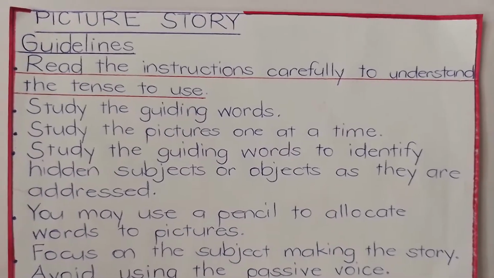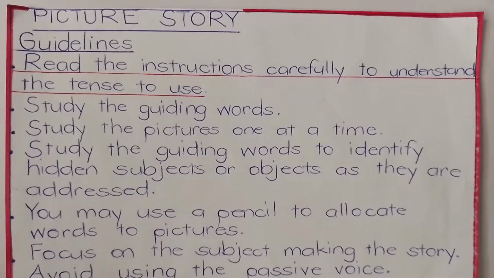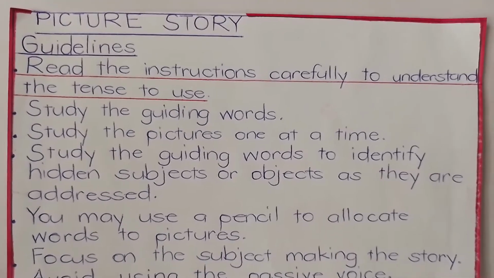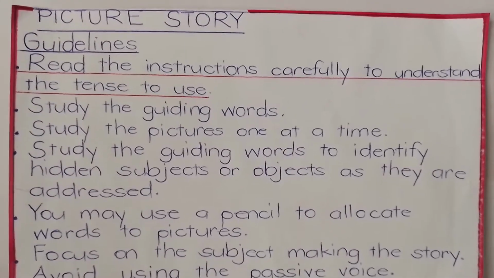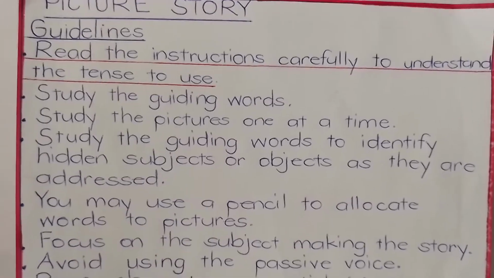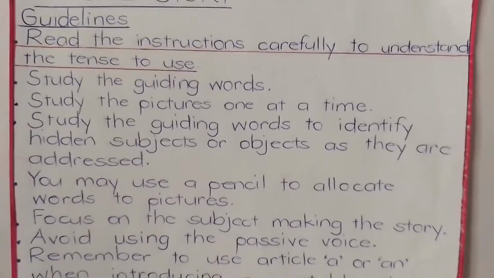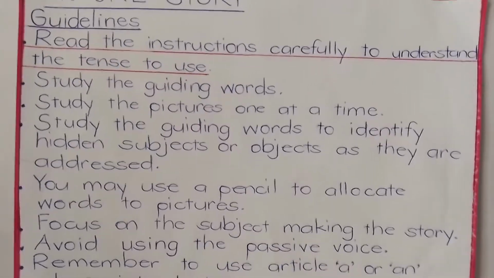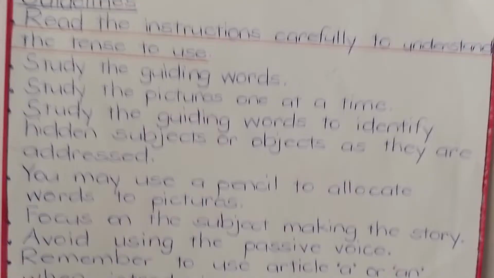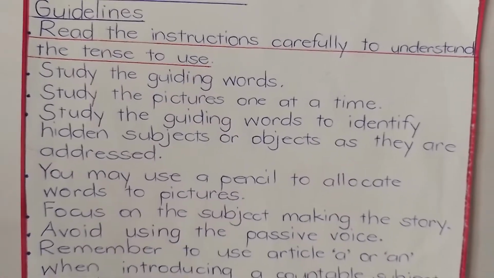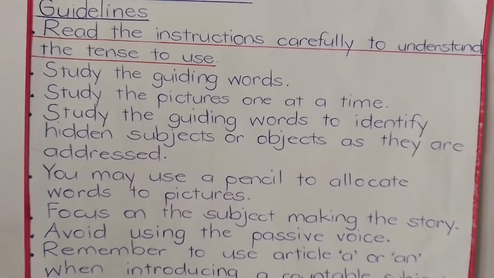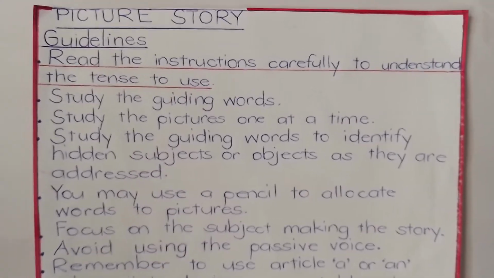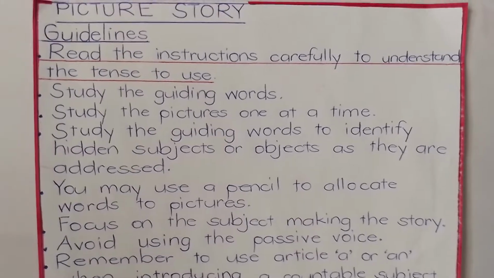That one is used for long actions. Then for short actions, we mean those actions that take place very fast. Actions like bite, actions like fall, actions like knock. Those ones are often not used in the progressive form, because by the time you realize the action, it has already ended. So we use the present perfect tense, and in the present perfect tense, we use has or have as the helping verbs.